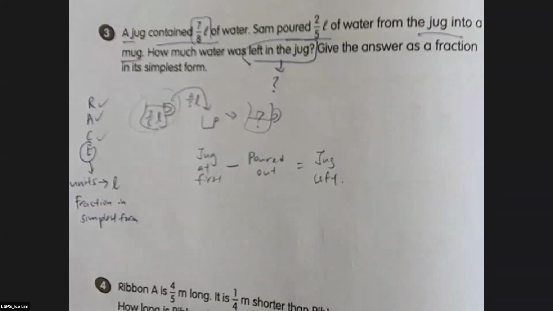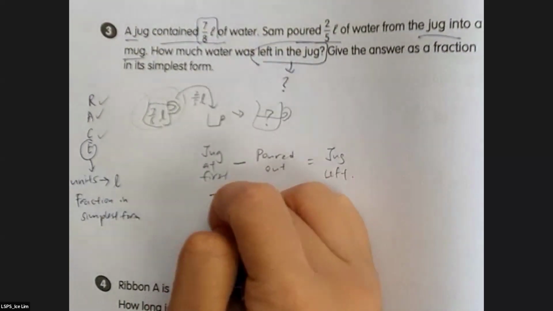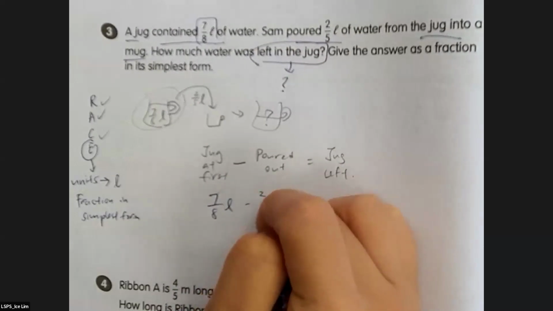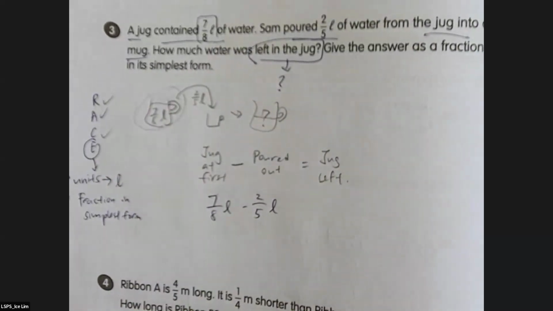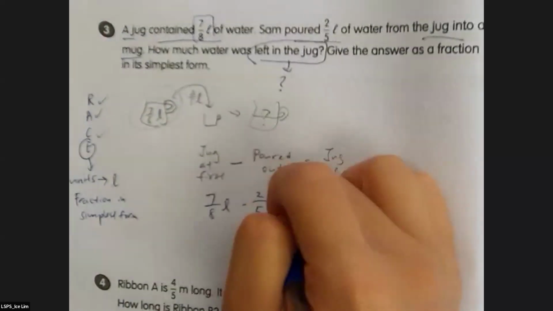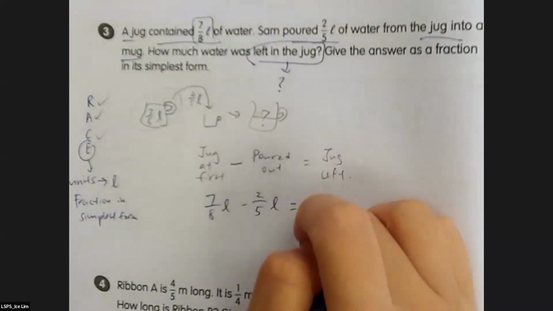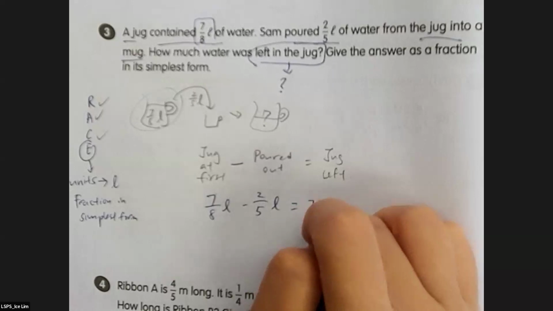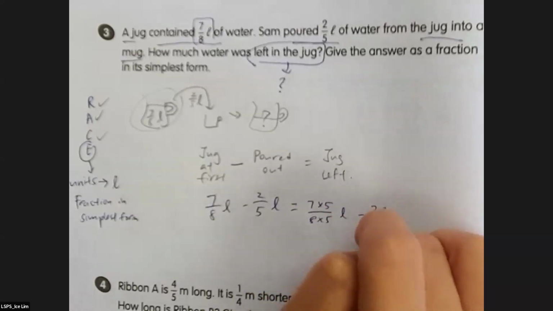I decided to not draw a model for this because I think the model is quite hard to draw. I have 7/8 and then I have 2/5. The denominators are different, it's quite hard to draw, so I'm not going to draw the model. I'll use a numberless equation to help me. So I have 7/8 and 2/5, so convert to equivalent fractions.